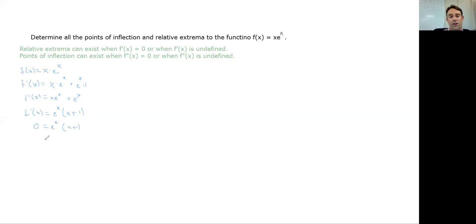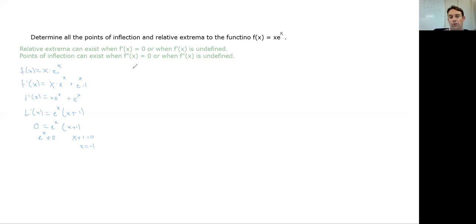Well, e to the x is an exponential value, so that will never, ever, ever be equal to 0. It's always a positive value, no matter what the value of x is. But I do have one critical number here. So x plus 1 equals 0. So x equals -1.